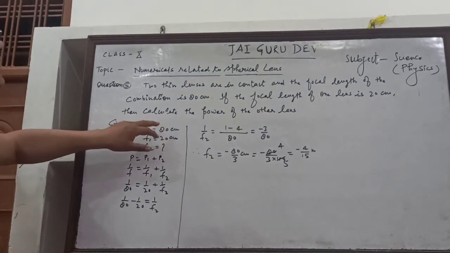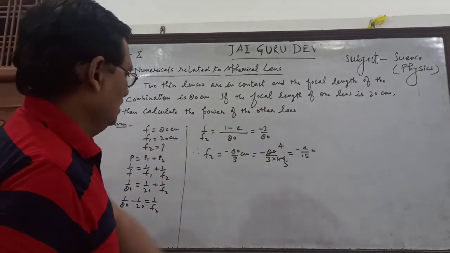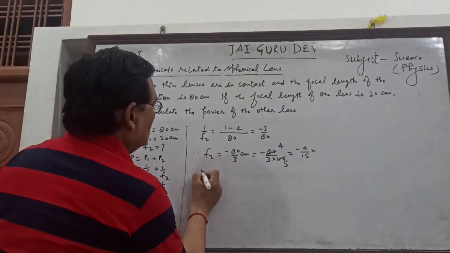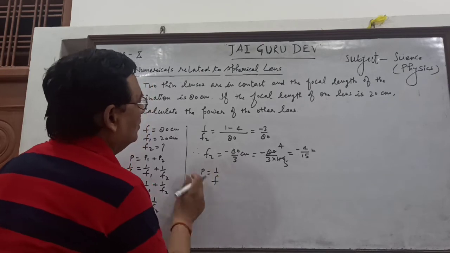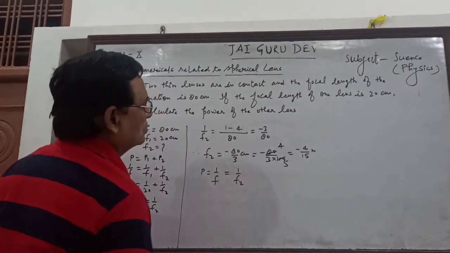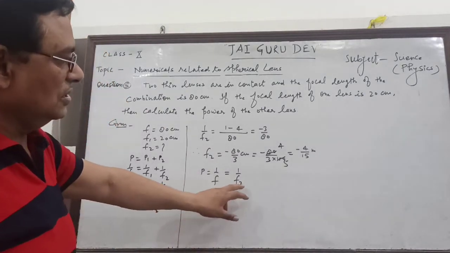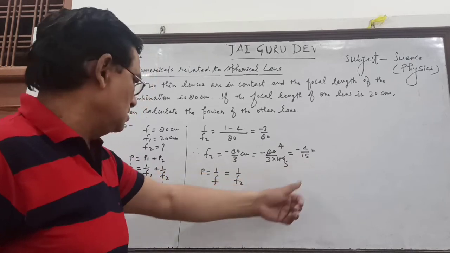Question is calculate the power of the other lens. So once again, P is equal to 1 upon F, and here F means F2, and that value should be in meter, and already I have changed in meter.